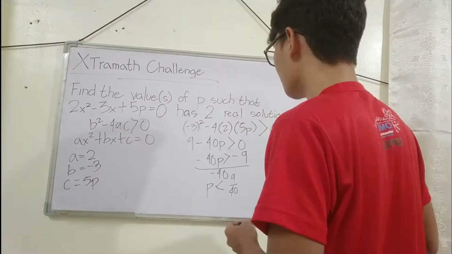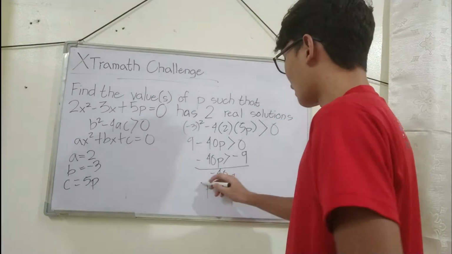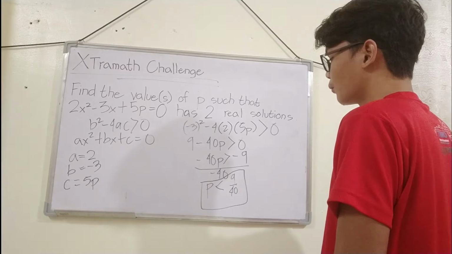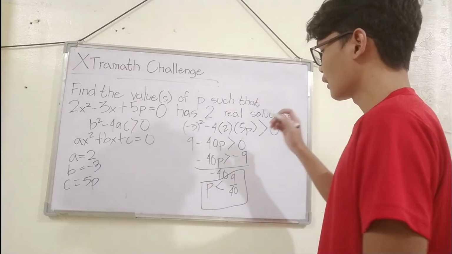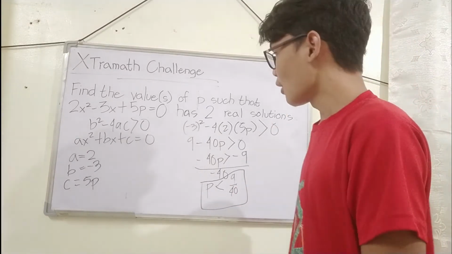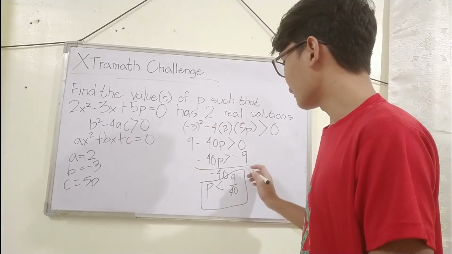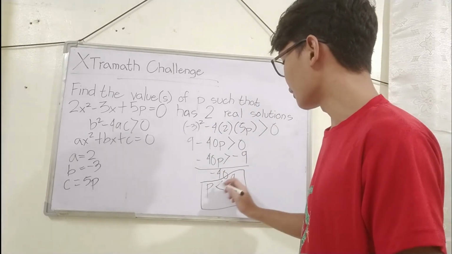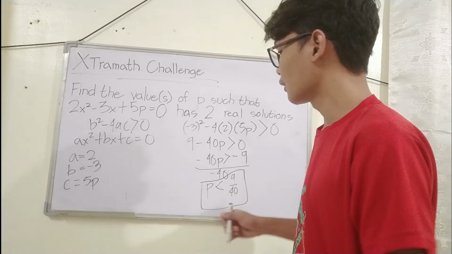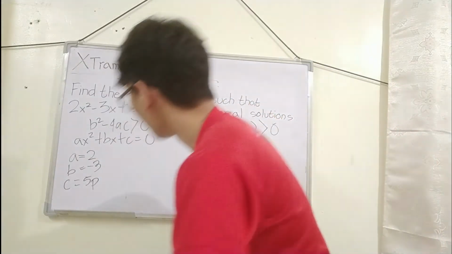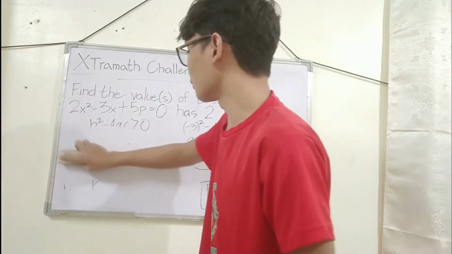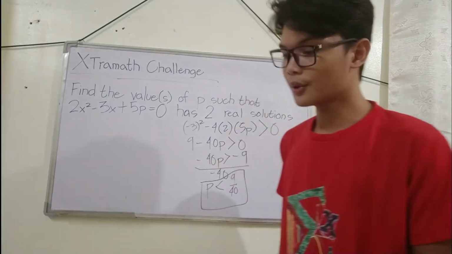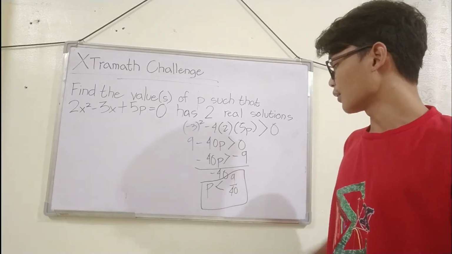To check that our p value is less than 9/40, we will substitute a random value that can be true for this expression. To put it simply, we would just use 0, since 0 is less than 9/40.